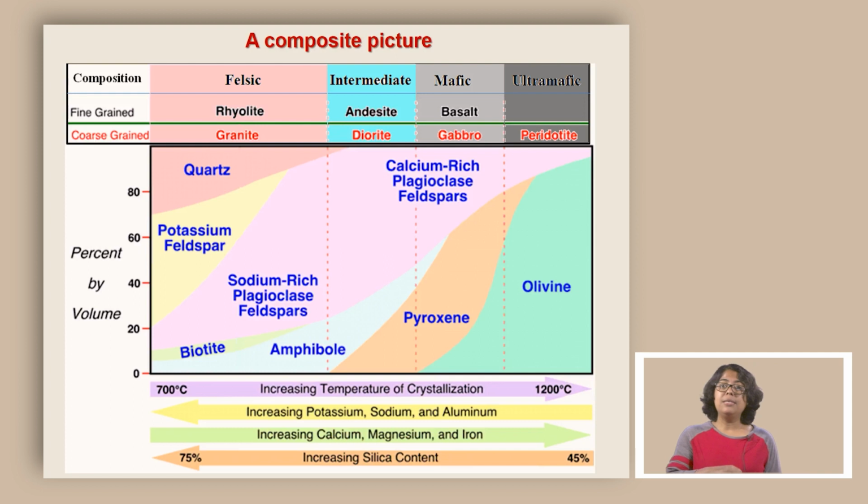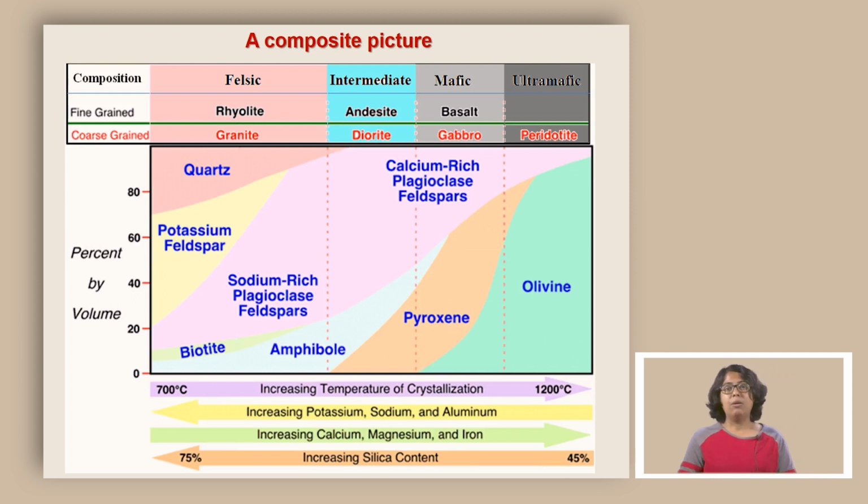And because these metal ions, such as calcium, magnesium and iron, increase as we go towards the peridotite or ultramafic rocks, it is also reducing the silica content. So, as we are coming towards the felsic rocks, just by the name of it, it indicates that it is going to be very, very rich in silica.